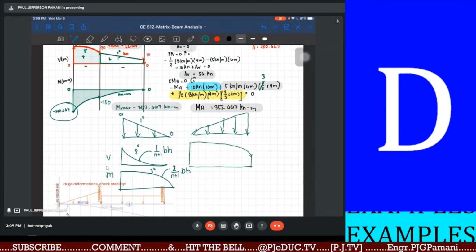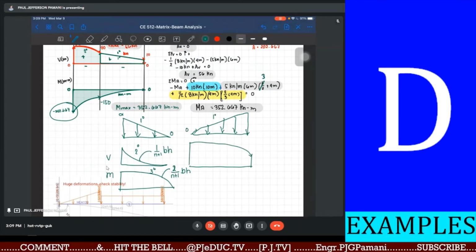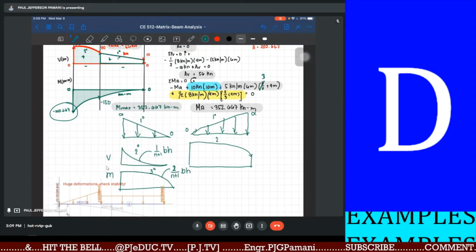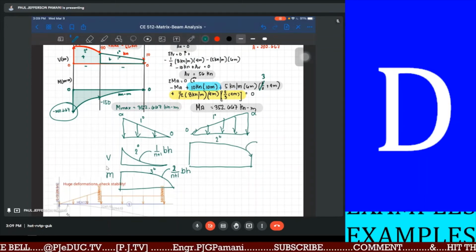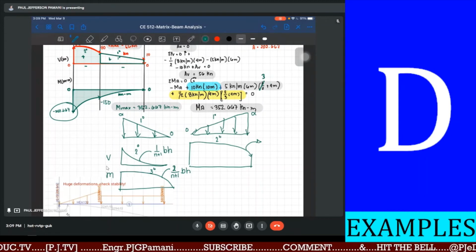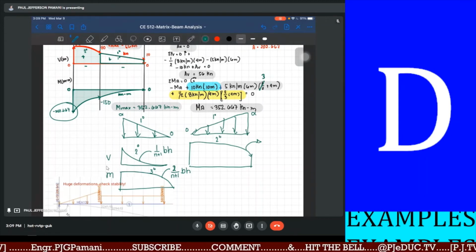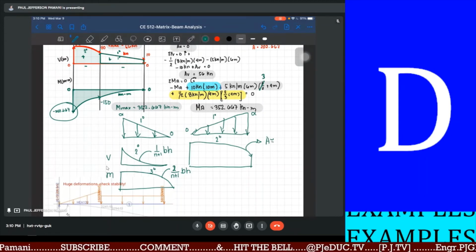Okay, this is on the first degree. This should be on the second degree. Then compute the area of a rectangle minus the area of a spandrel.